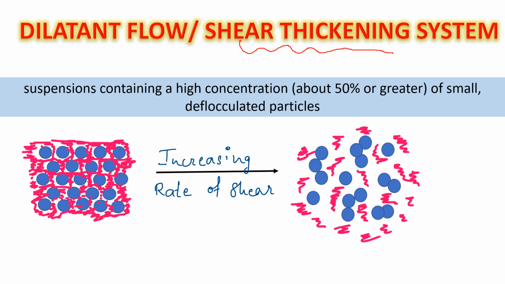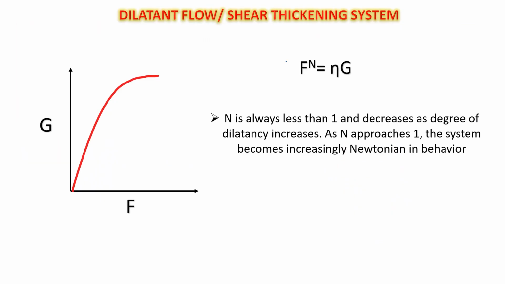Try a starch paste once: put it in water at high concentration and increase the rate of shear, and at a point it will become so thick, it will form a very thick solution. Concentrated deflocculated particles should dilate and flow.